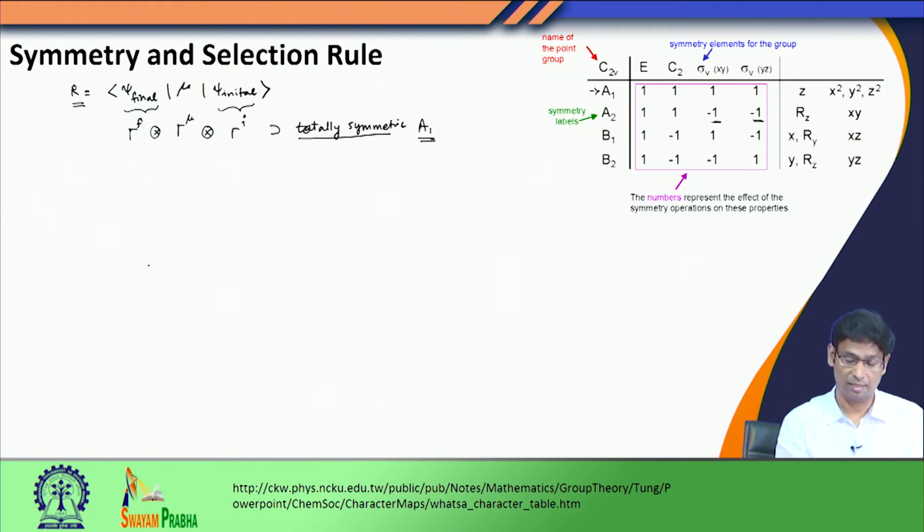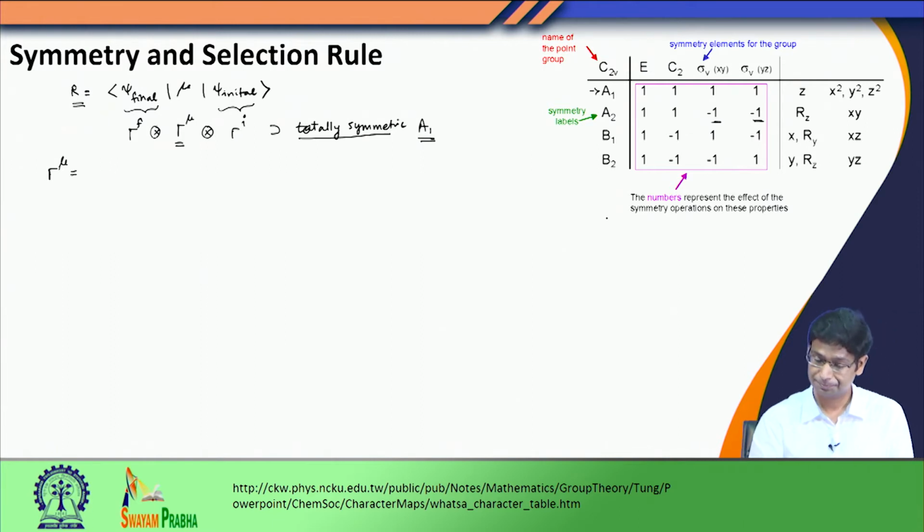Now, let us continue our discussion. How do I obtain the symmetry of each of these terms? First we will discuss the operator part. For the electric dipole moment operator mu, to get gamma mu, we have to see that the electric dipole moment operator symmetry is proportional to the translational symmetry, which is defined in this character table as x, y and z.